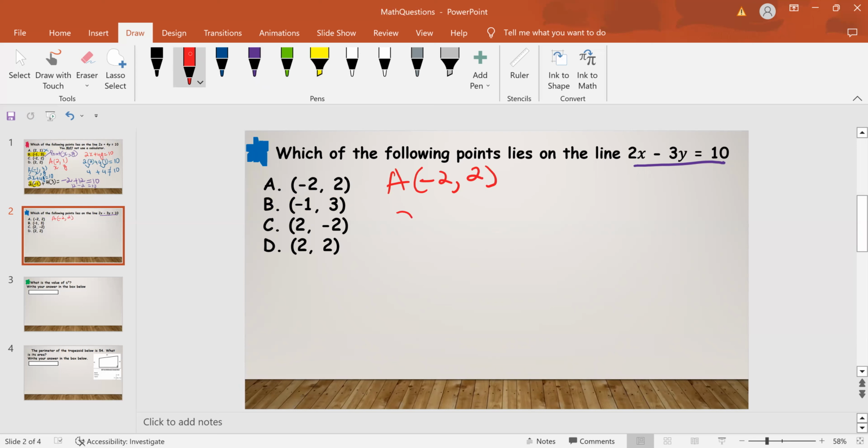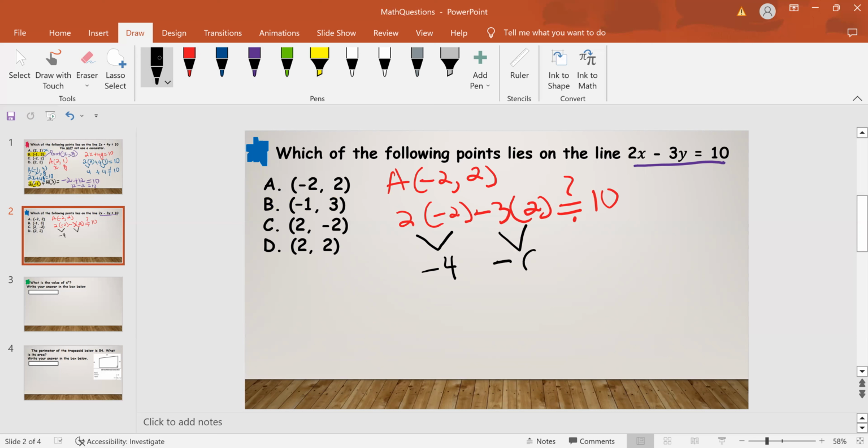We plug in: 2 multiplied by the x value, which is -2, minus 3 multiplied by the y value, which is 2. We want to see if this is 10. We don't know yet. So 2 multiplied by -2 is -4. -3 multiplied by +2 is -6. Now -4 and -6 give you -10, which is not 10. So A cannot be the correct answer.